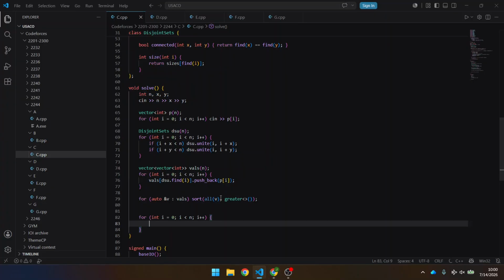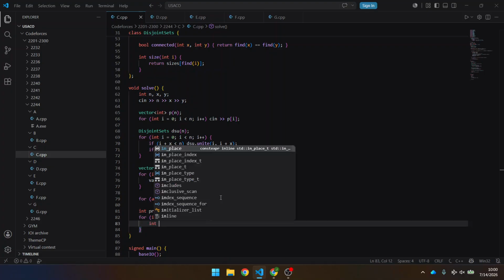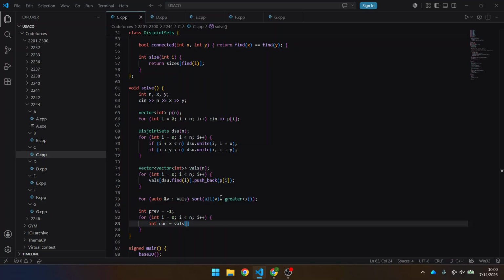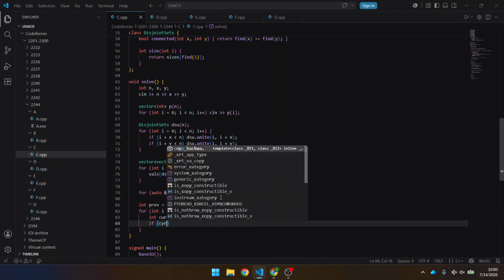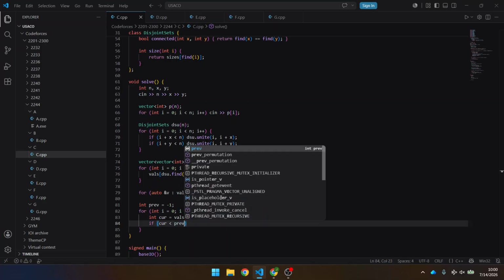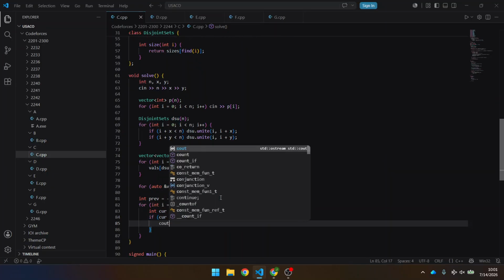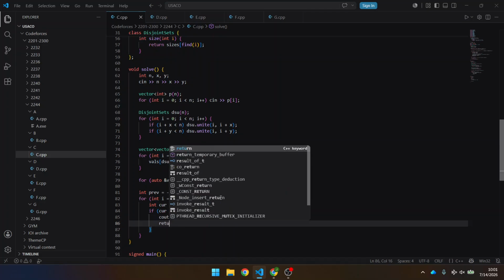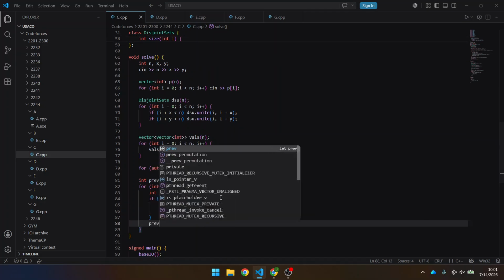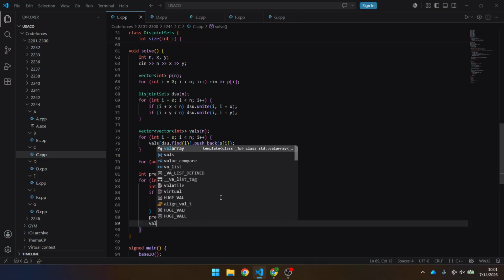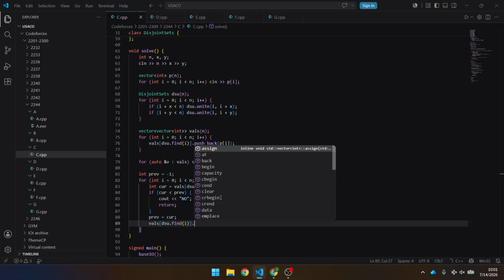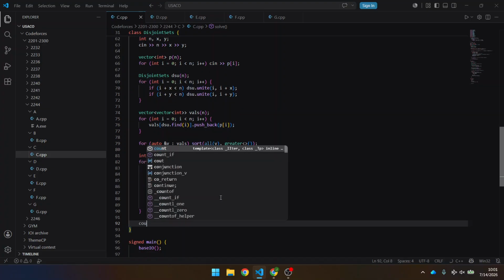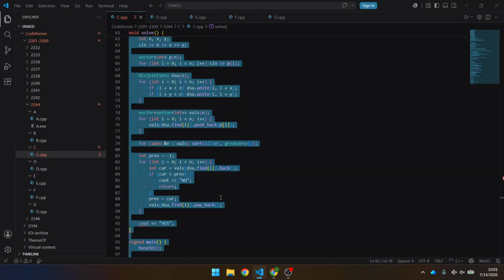For every position, you have an int prev. Int cur will be vals[dsu dot find i] dot back. If cur is less than prev, output no, return. Prev is equal to cur, vals[dsu dot find i] dot pop back. And then output yes.